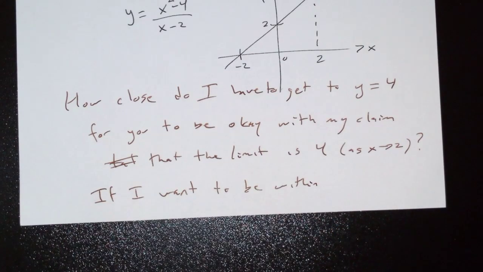I need a symbol for a small number. I've already used a symbol for a small number in X, right? This is a symbol for a small number in Y. I used the lowercase Greek letter delta for X. I'll use the next letter in the Greek alphabet, epsilon.